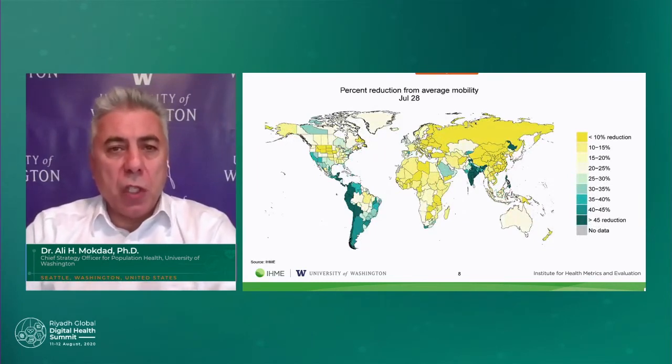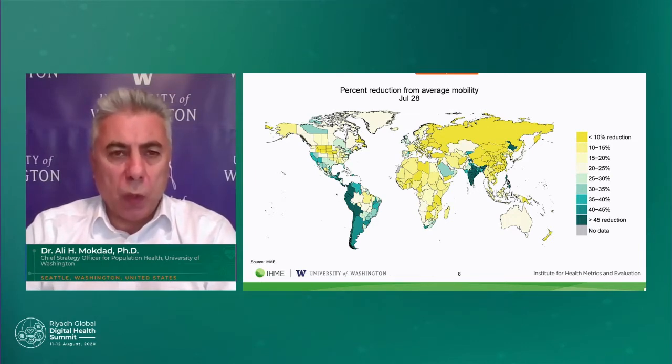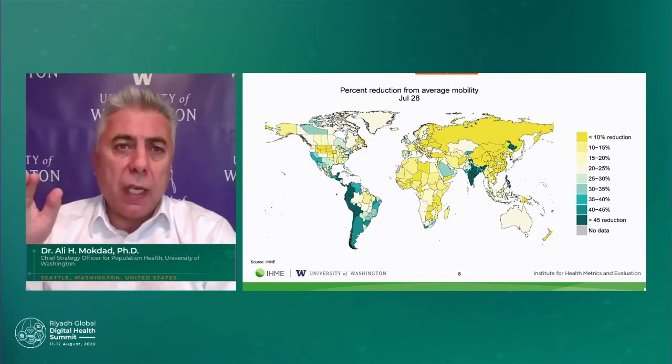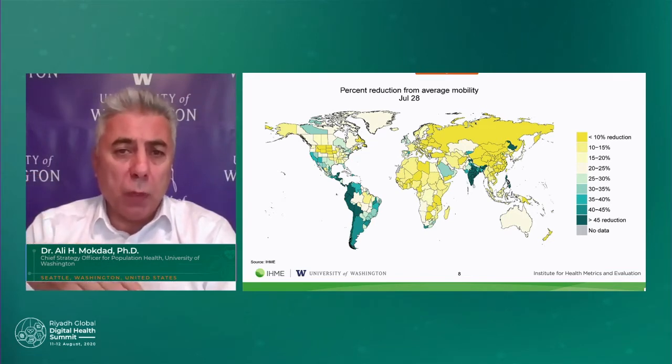This is percent reduction in mobility. We've seen reduction in mobility early on, especially with closure of schools and education facilities in the United States and in many countries. Unfortunately, starting in April, we started seeing a rise of mobility, and right now in many places we're almost back to normal.